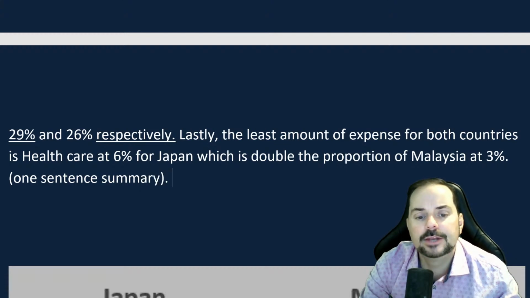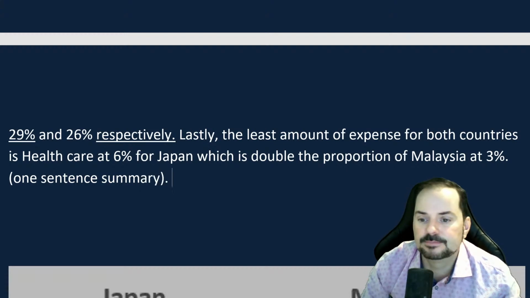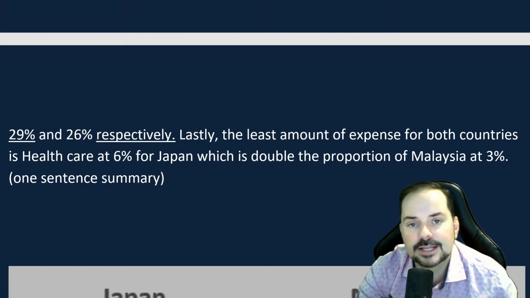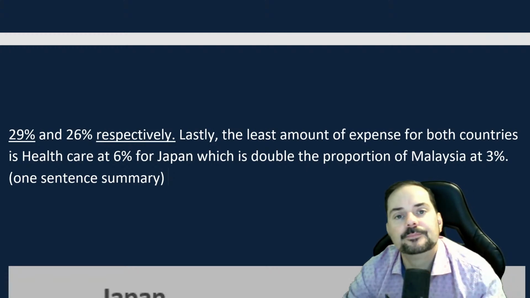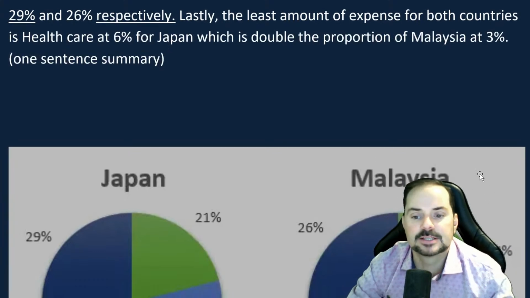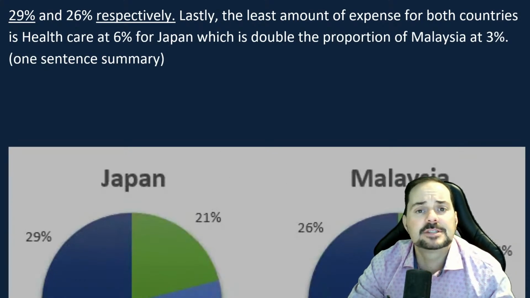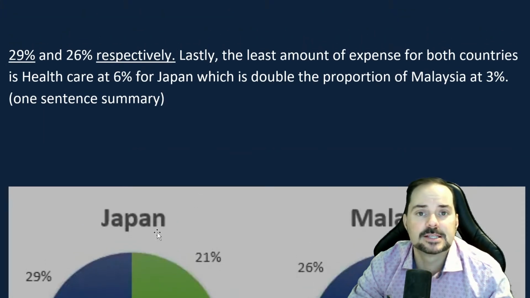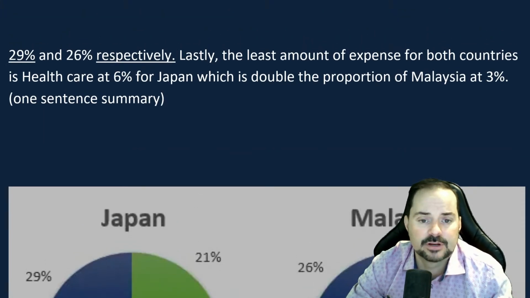Okay? And what I've learned from this is that some of the expenses in Malaysia have similar significance or proportions to some expenses in Japan, while others are different, right?